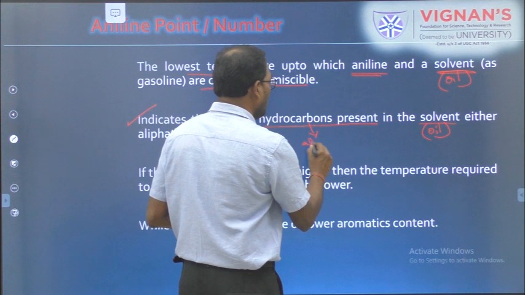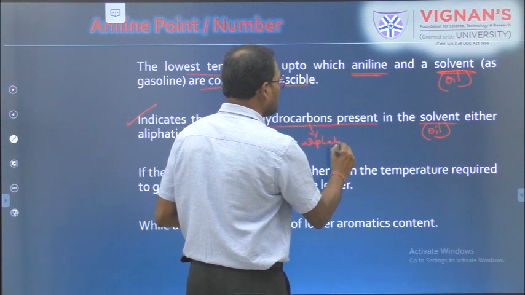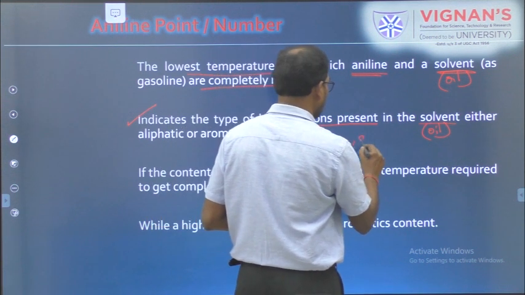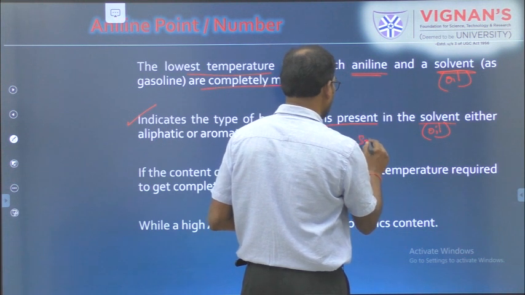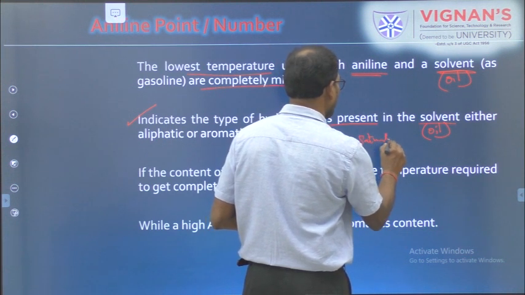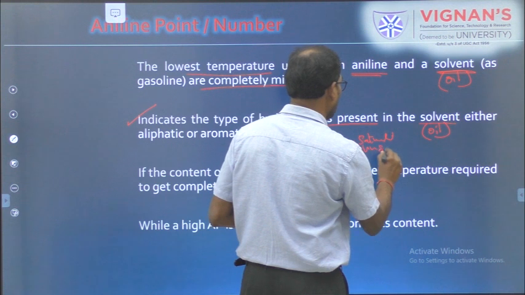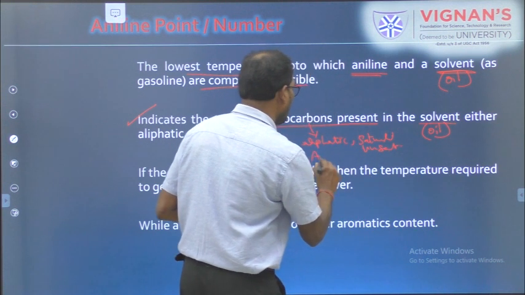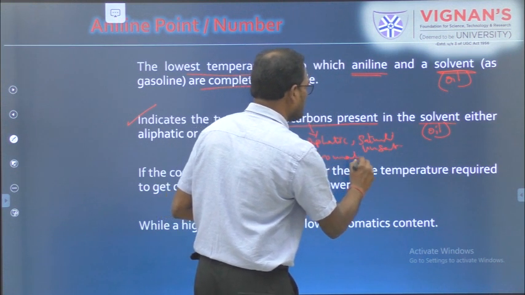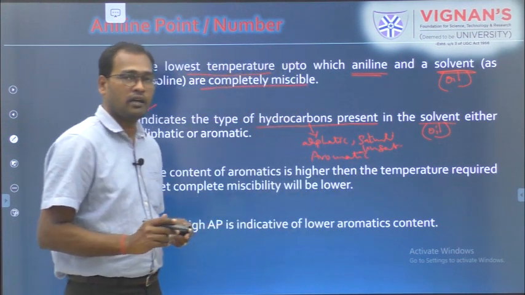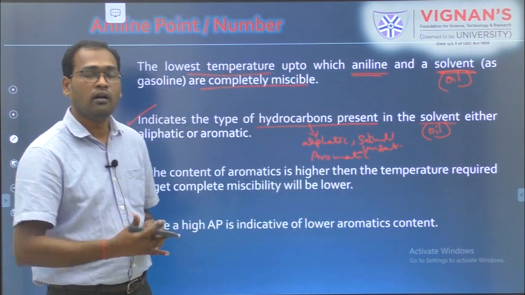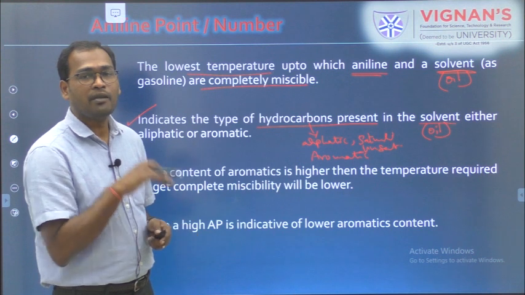This indicates the type of hydrocarbon present in the system. It can be either aliphatic, saturated or unsaturated, or aromatic.